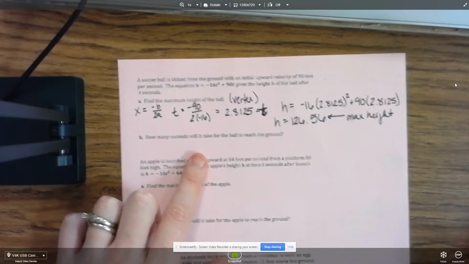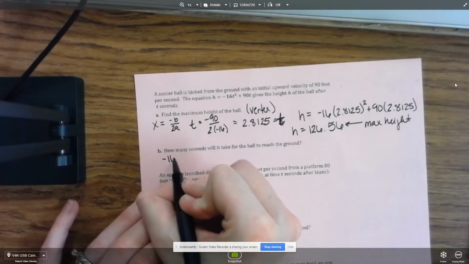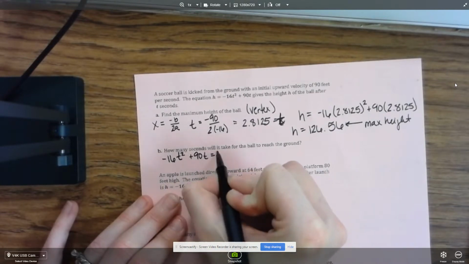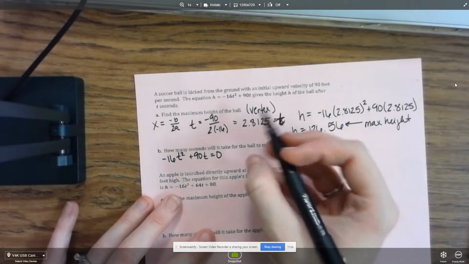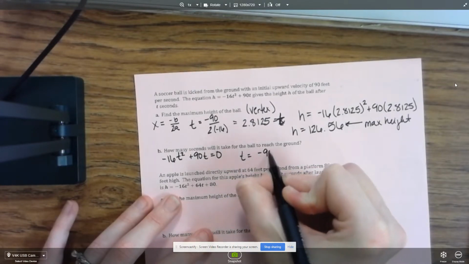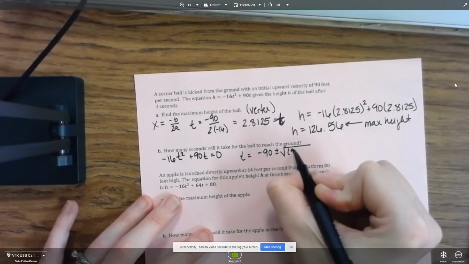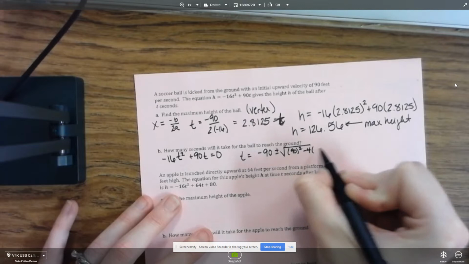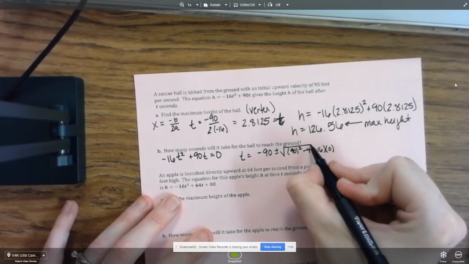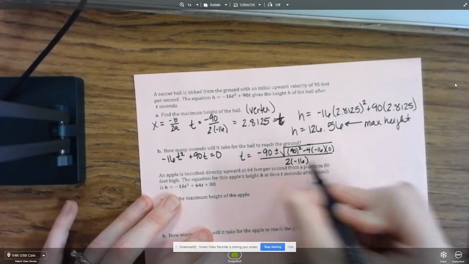So now we're going to solve this quadratic. So negative 16t squared plus 90t equals 0. We are going to use the quadratic formula. So negative b, so negative 90 plus or minus the square root of b squared minus 4 times a, and then I don't have a c, so I'm going to use a 0, and then divided by 2 times a.